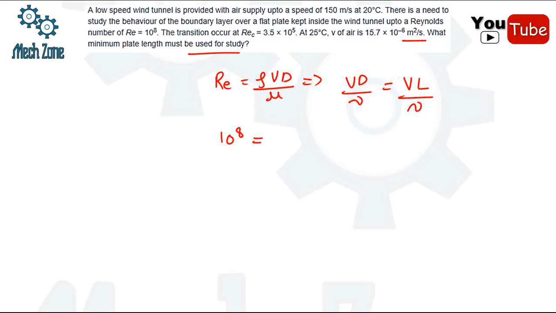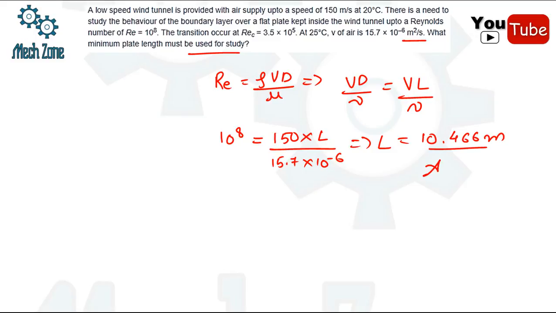This would be equals to V into L, V has been given as 150. Let us assume that the length is L and nu has been given as 15.7 into 10 to the power minus 6. So from here the length can be evaluated as 10.466 meter. So this is the answer. So we generally have to remember the formula for Reynolds number here.